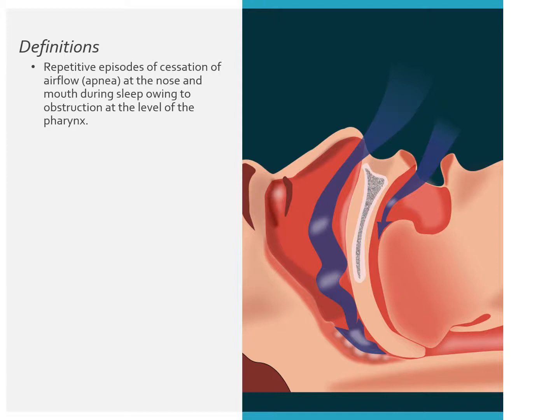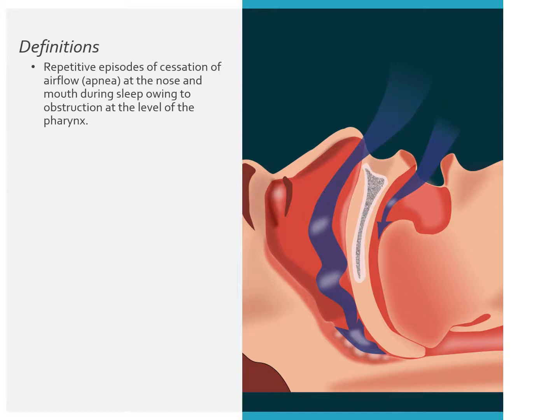This is due to an obstruction. Normally this would not be falling here against the back of the pharynx. This would actually remain up slightly, and this airflow would just continually come in and out. Well, in obstructive sleep apnea, this becomes blocked, and the patient begins to have very difficult breathing.